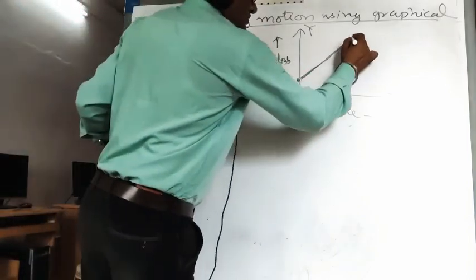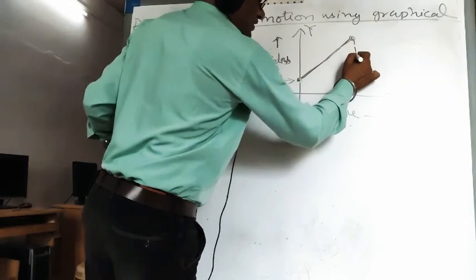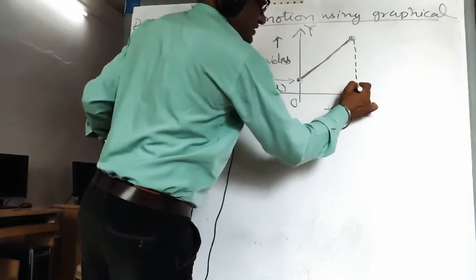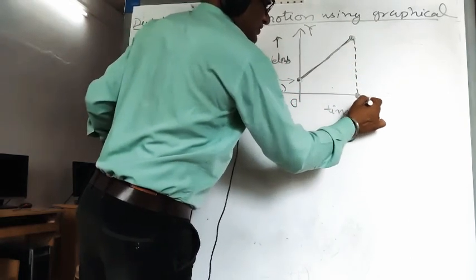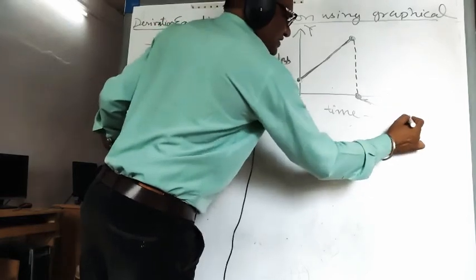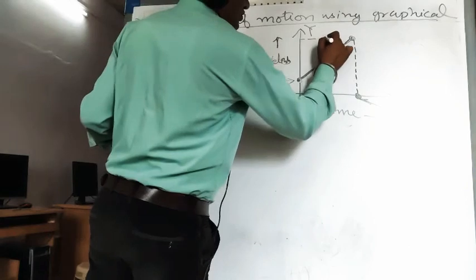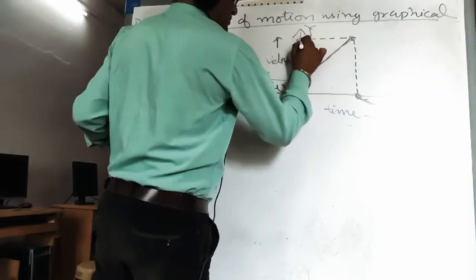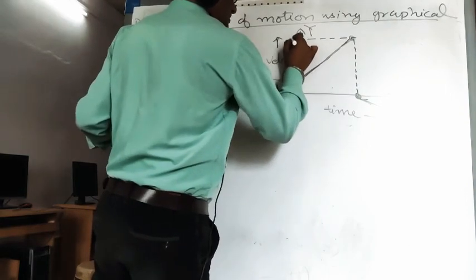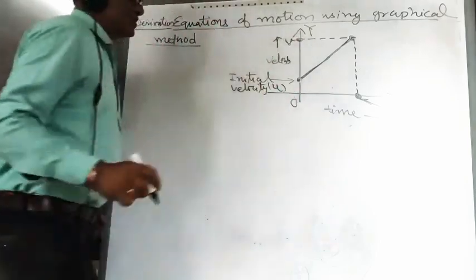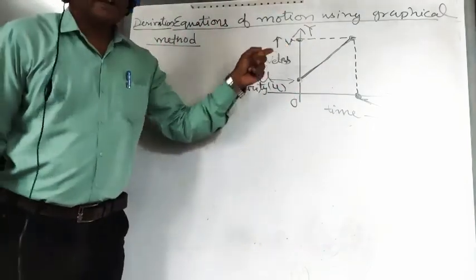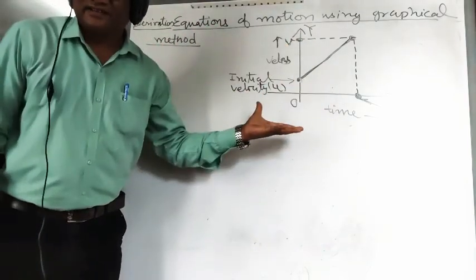Let the time corresponding to this part of the graph be t. The velocity corresponding to this time is represented by small v. Small v stands for the final velocity for that journey.